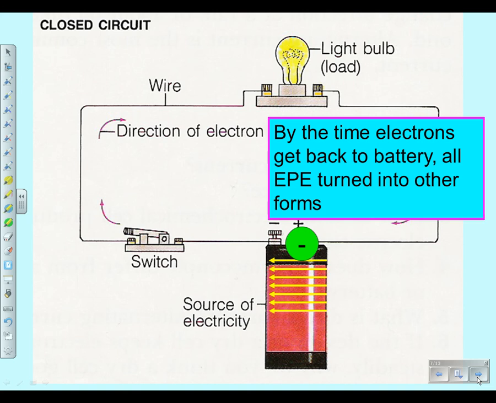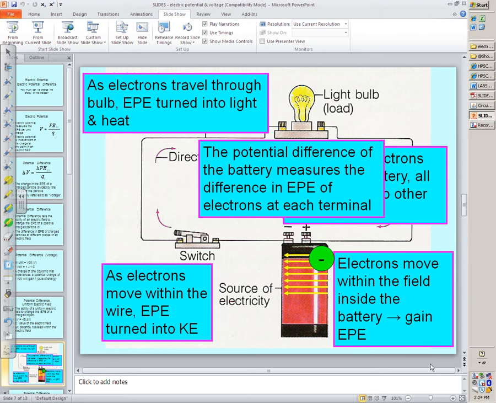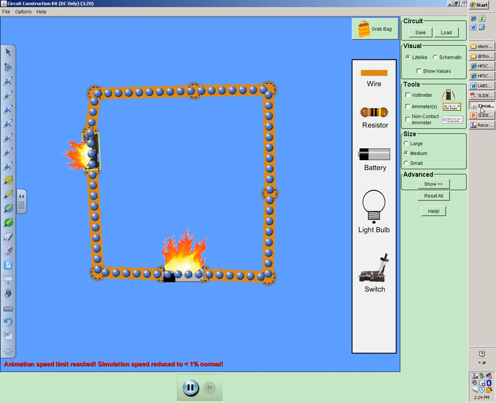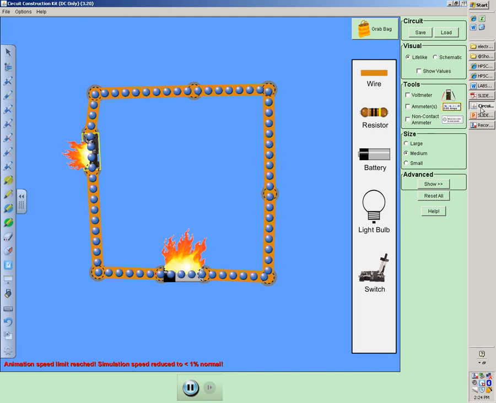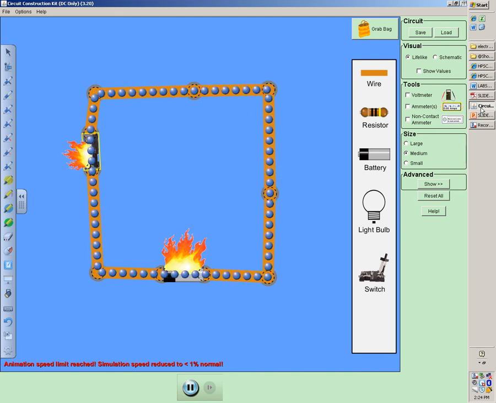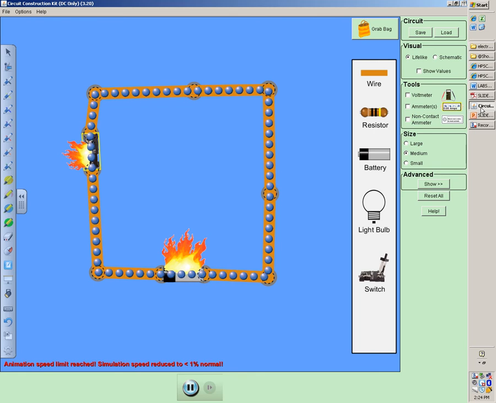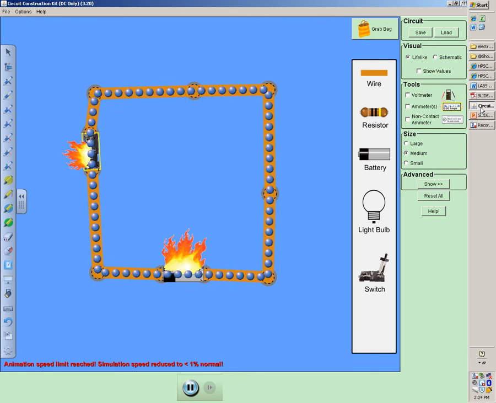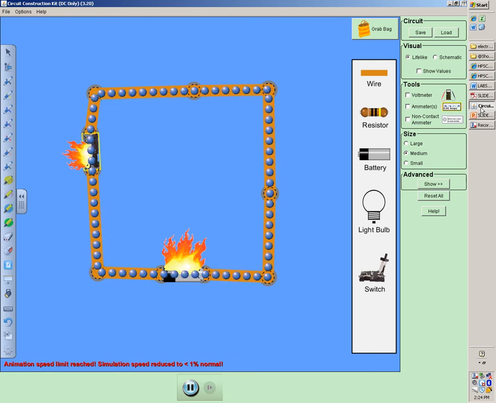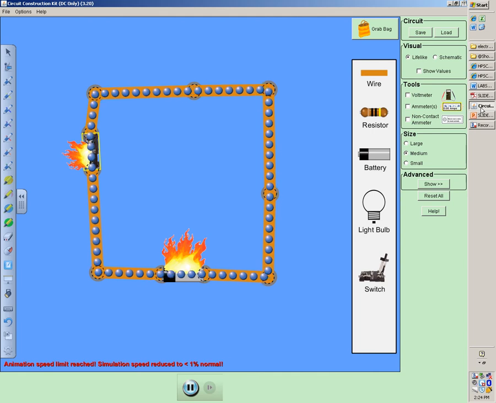Okay? So let's take a look first at this circuit. None of the concepts that we just talked about change here. Those electrons move through the battery and they get a lot of electric potential energy. As they move through the circuit, they have to lose that electric potential energy and turn it into something else.